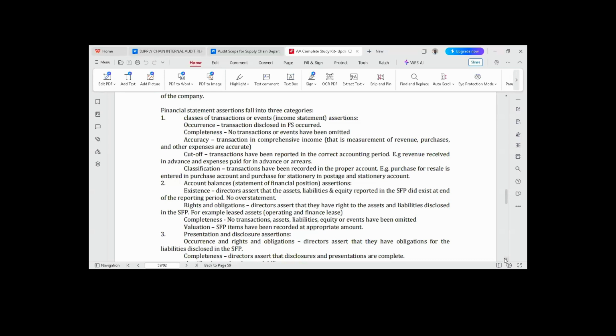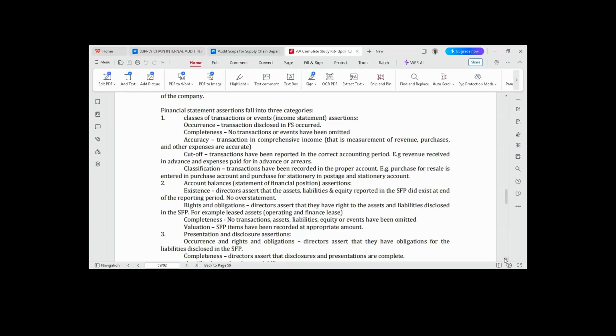So you have to provide for them because you have already incurred them, or, in the case of provision, you are still going to incur them. So you make provision for it. You account for it. So the auditor will now be testing that all of these transactions have been posted and none has been omitted.